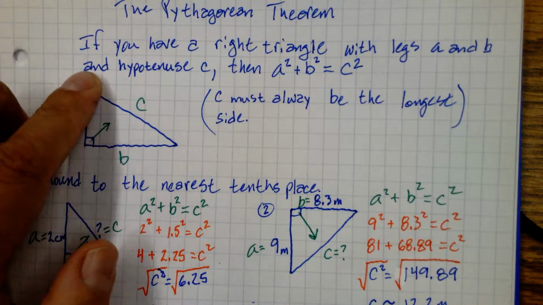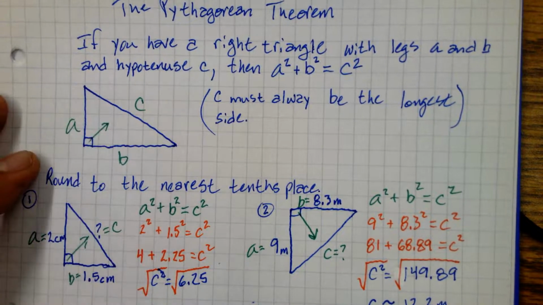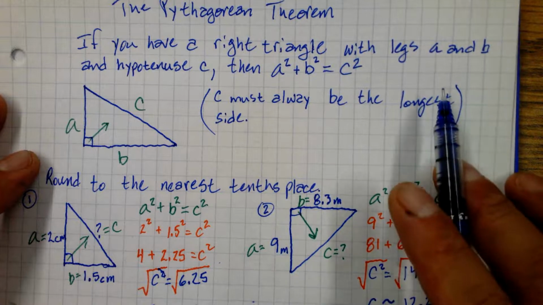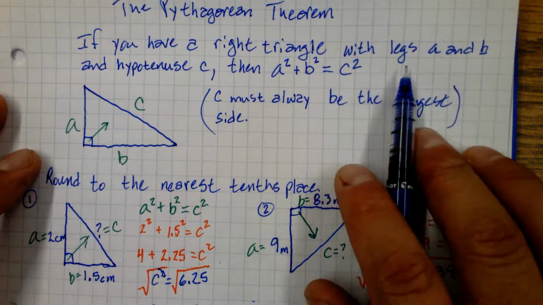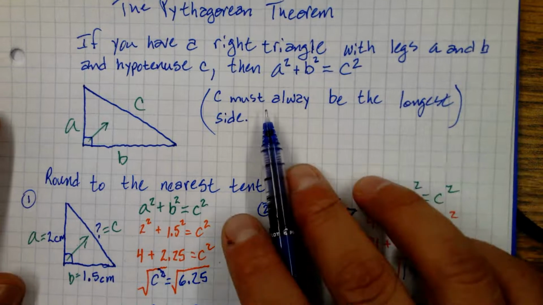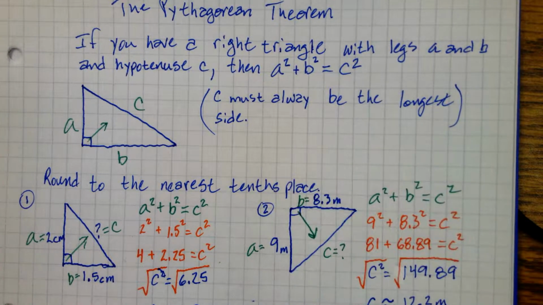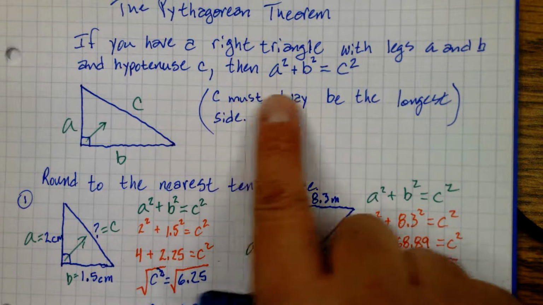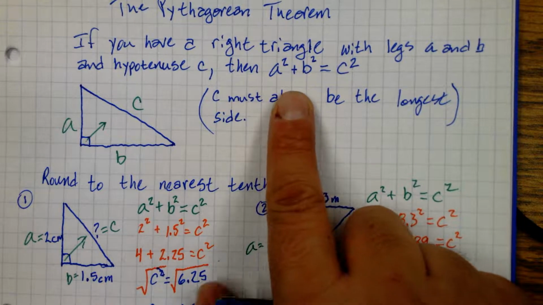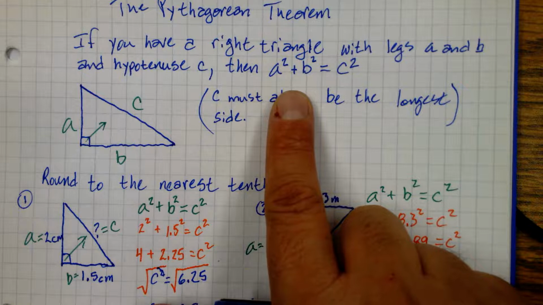So this statement starts off, if you have a right triangle with the legs A and B and the hypotenuse C, then A squared plus B squared equals C squared. We're going to reverse it. So this is going to become our hypothesis.